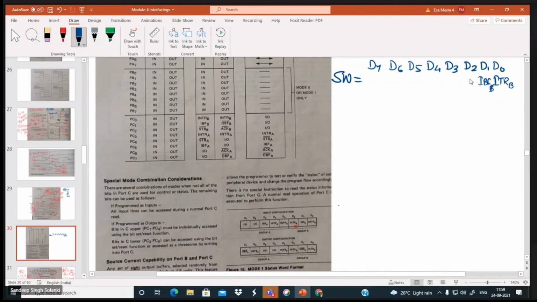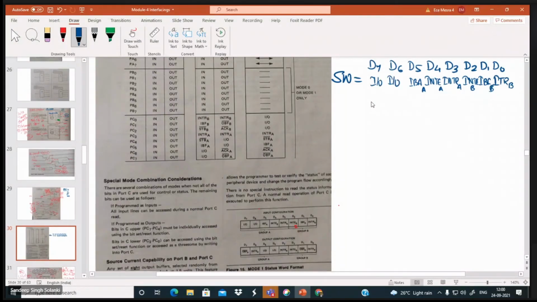This says INTE B. This says INTR A. This says INTE A, and then this is IBF A, and this is input output.